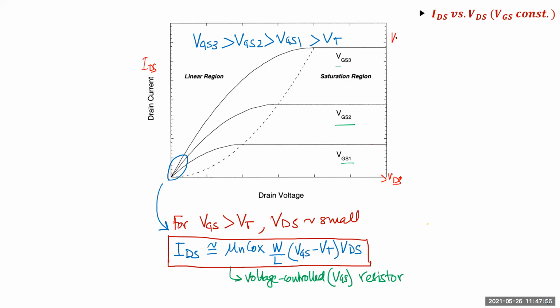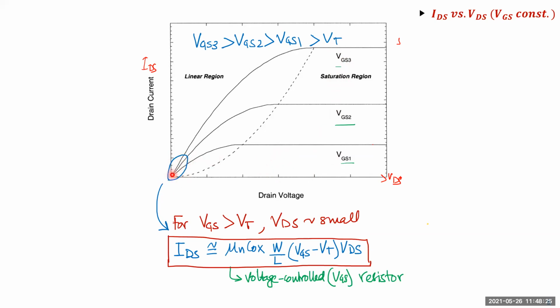So VGS3 is greater than VGS2 and VGS1. That makes sense because as your gate voltage is increasing, channel charge is increasing, and that's what is increasing your drain current as well. So in this direction, VDS is the same and VGS is increasing. So that's your square law.